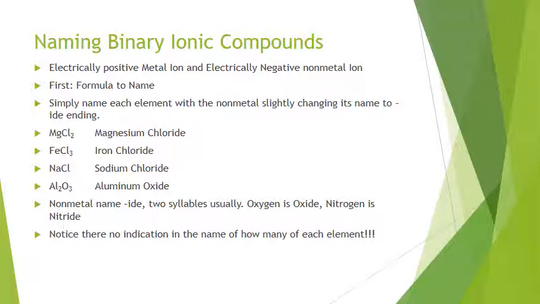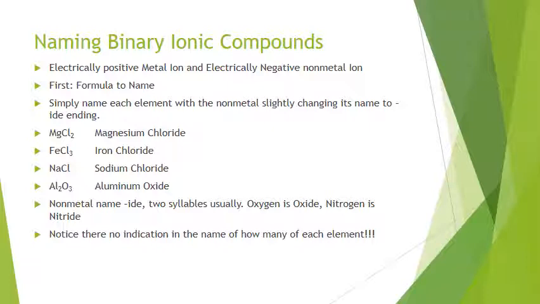One thing to notice is that the names give you no indication of how many of each element. So going from formula to name is easy, but going the other way, because the names don't give you the number, it's hard. Notice these are all chloride, but they have different numbers of chlorides.